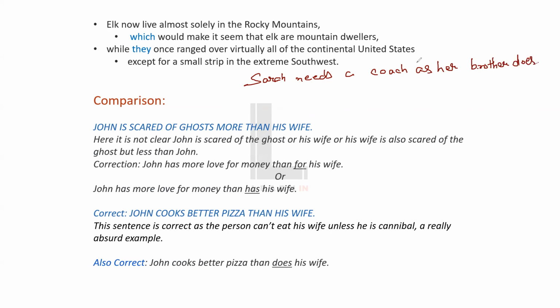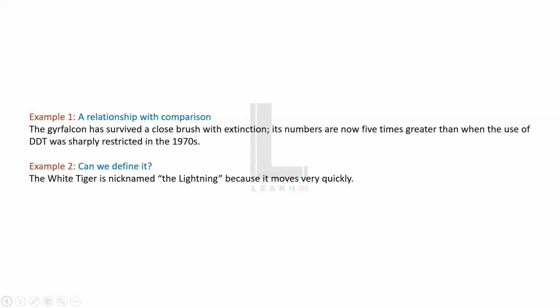Okay, what did we do here? After as, this verb has to be added. We cannot do it with a noun only. Got it? Everyone? So these are some basic rules of comparison, which would come in your exams. Let us do the questions now. Let us see some questions now.